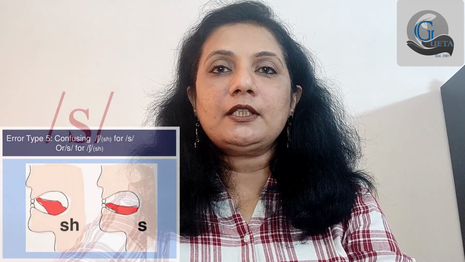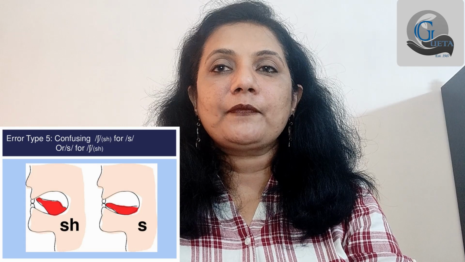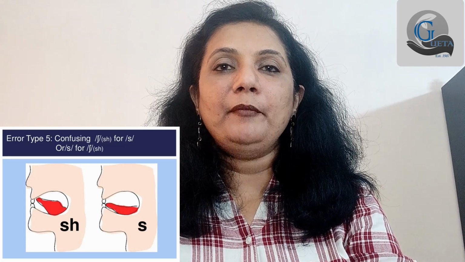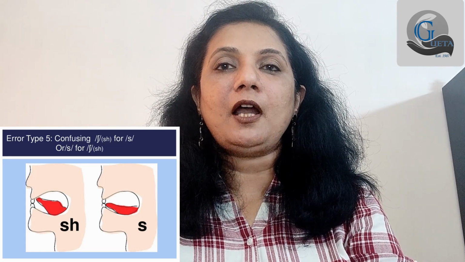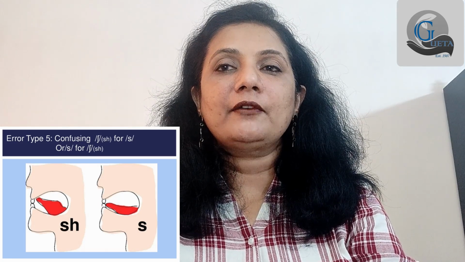So learn the difference between S and SH sounds. When you speak S, the tip of the tongue touches the back of the bottom front teeth, and the front or middle part is lifted a bit, and the lips are relaxed.